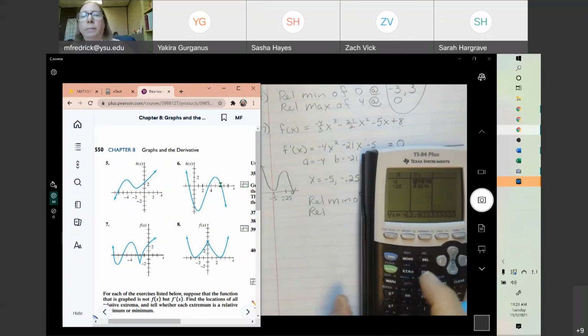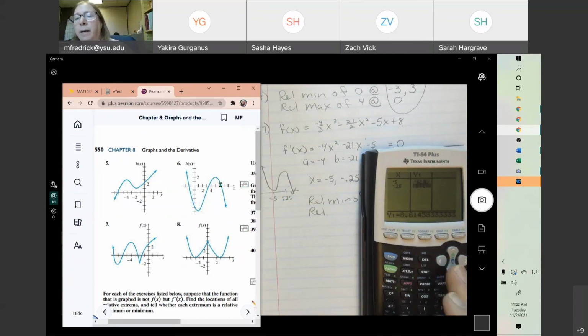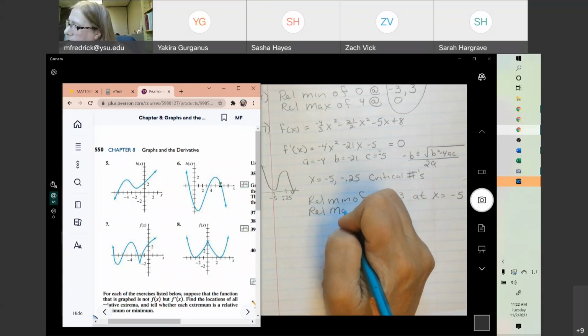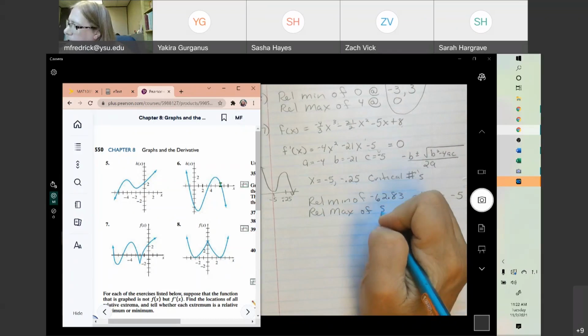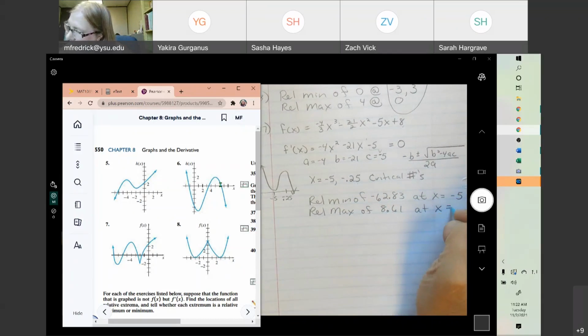Other one is a max. So there's a relative max of 8.61 at x equals negative quarter.